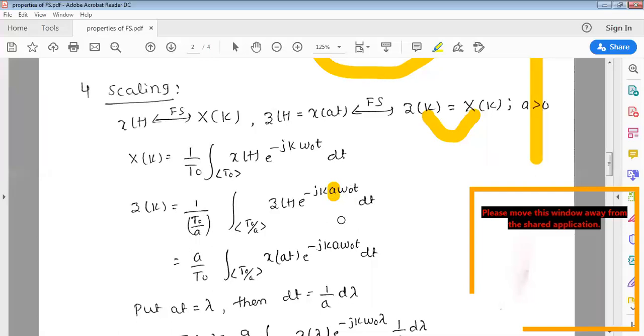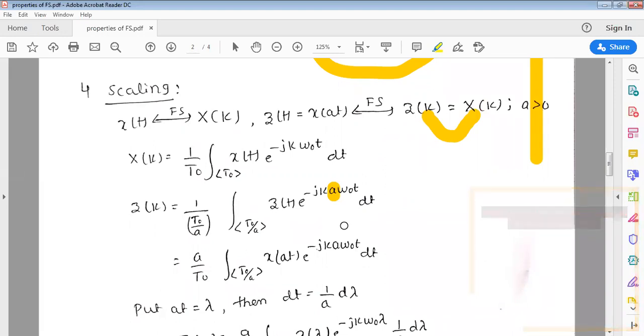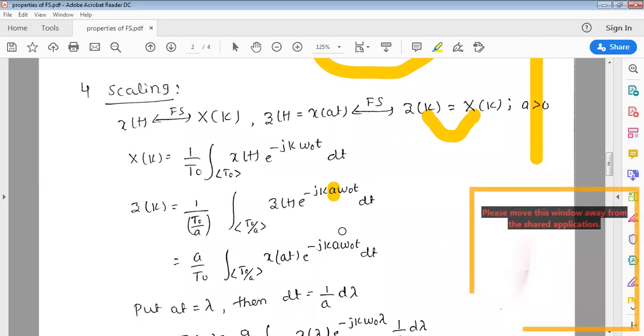So let us take a positive, say a equal to 2. Your new x of t will be a compressed version of the old x of t. So x of at, let us say it is for 2 duration. If you compress it, what's the period of the signal? Now the period will become 1. So the new period is 1 by a of the old period.